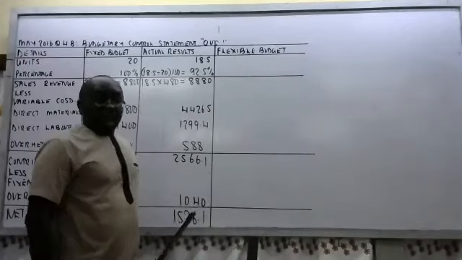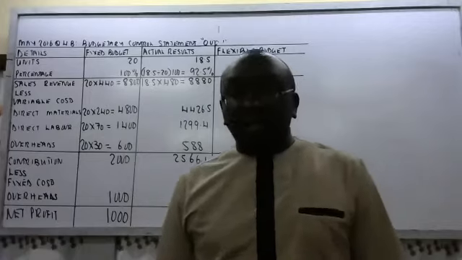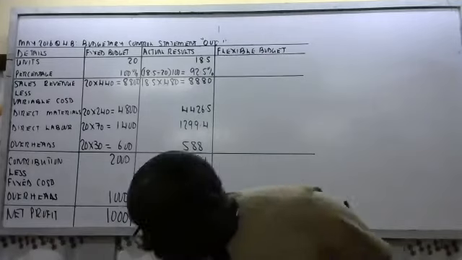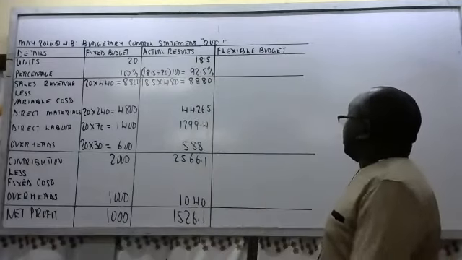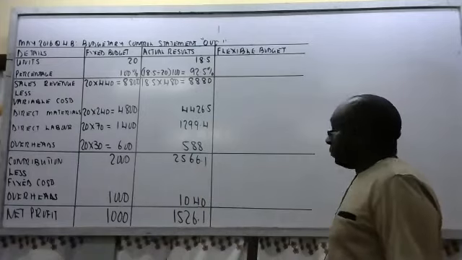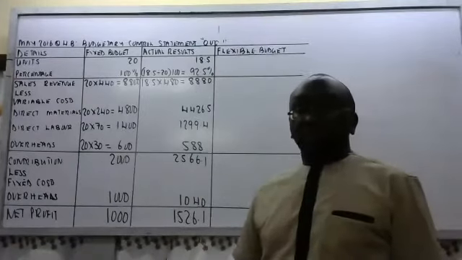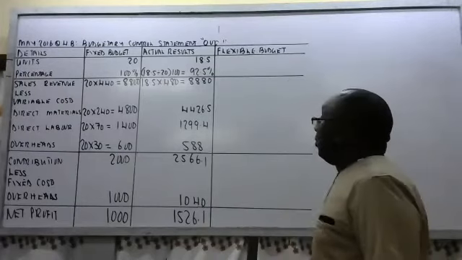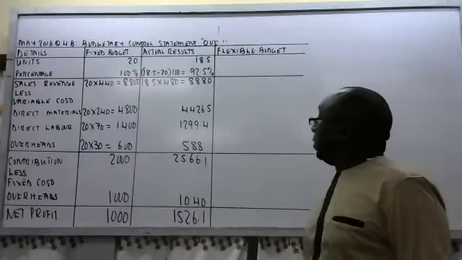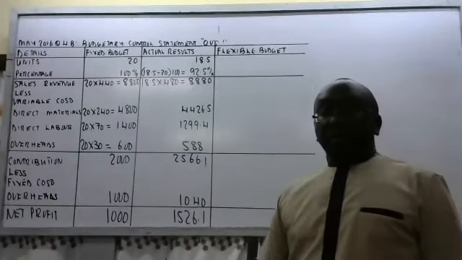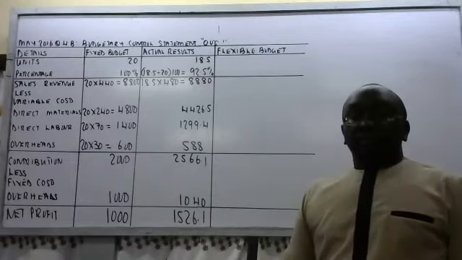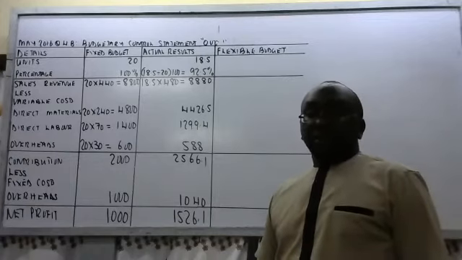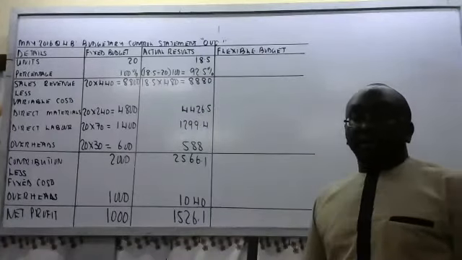And flexible budget, Churchill, you say you are getting a different contribution. Anyone else getting something different from this one? Are we agreeing with this value, 2566.1? Okay, you can see the yes from June. The others, yes.